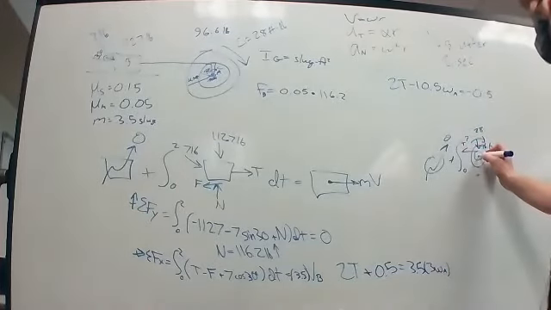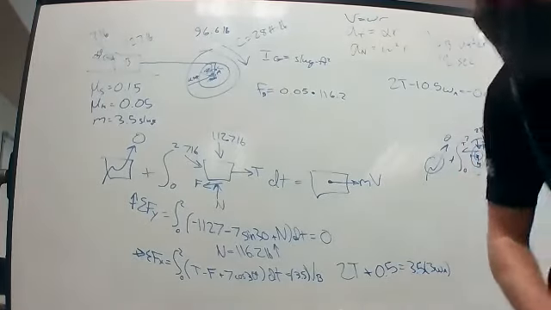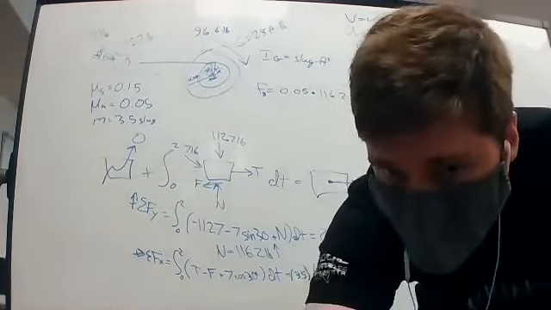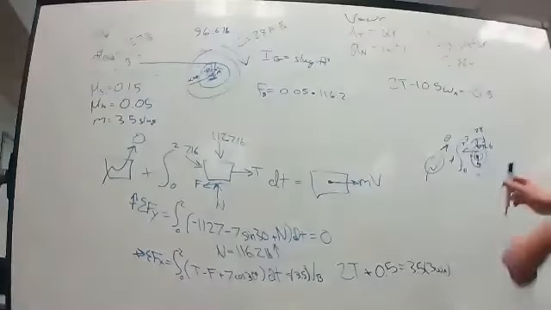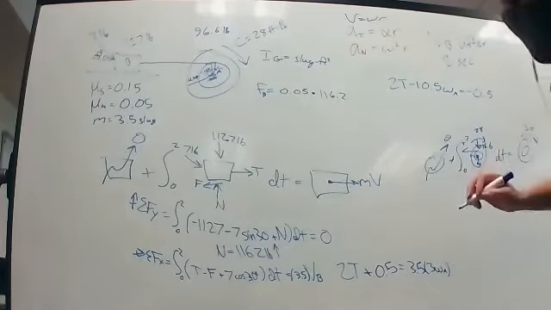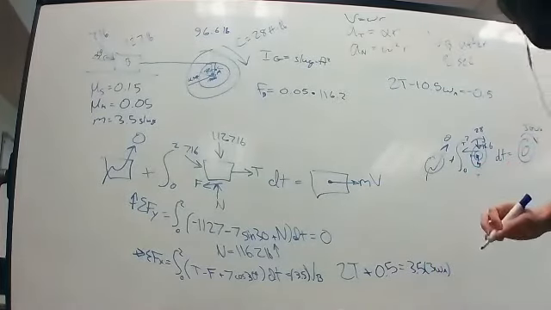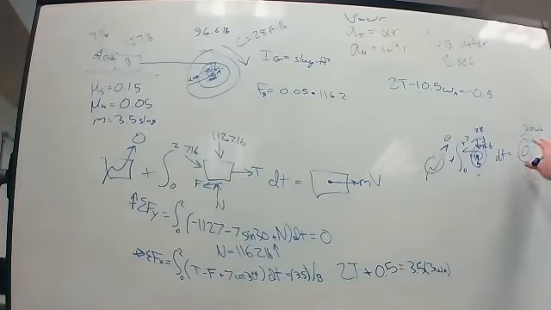And we're also going to have an AX and an AY. And that is going to be dt equal to IG omega A. And that's it, because this is stationary, so it's just going to turn. It's not going to move in either direction.